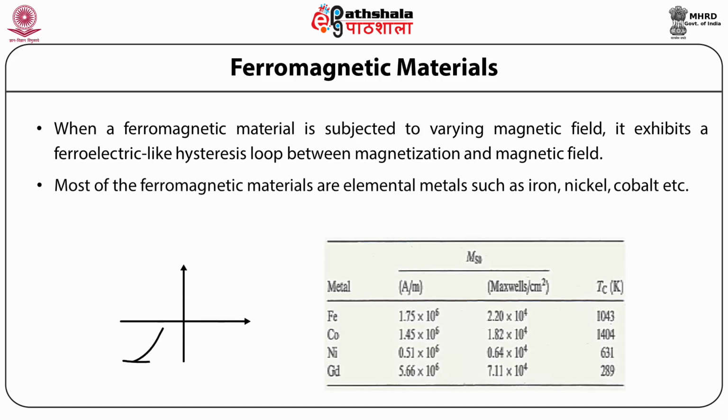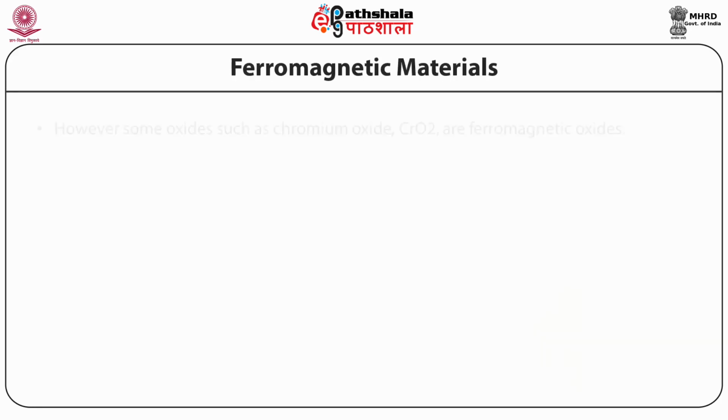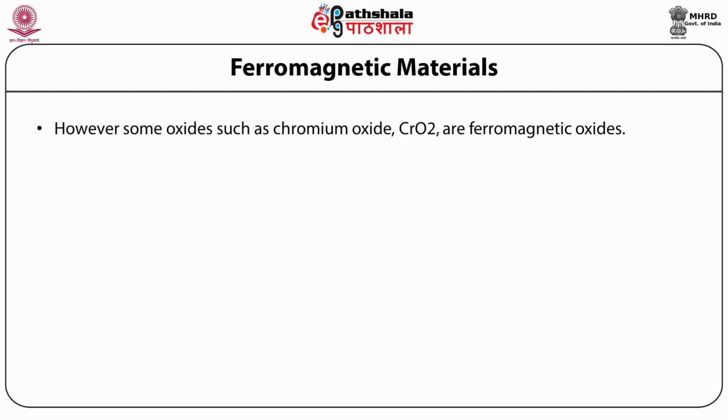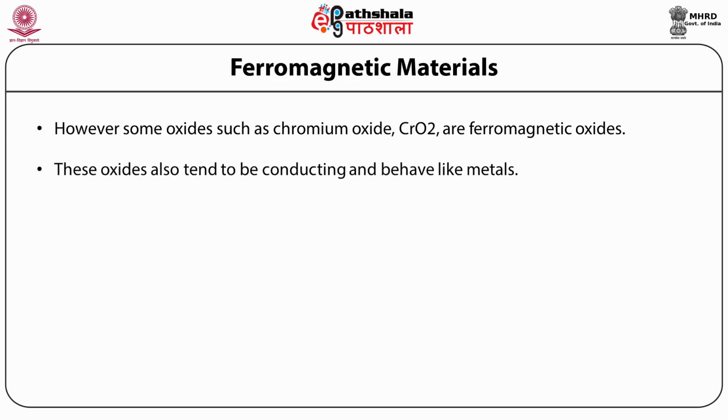Most of the ferromagnetic materials are elemental metals such as iron, nickel, cobalt, etc. However, some oxides such as chromium oxide are ferromagnetic oxides. These oxides also tend to be conducting and behave like metals.